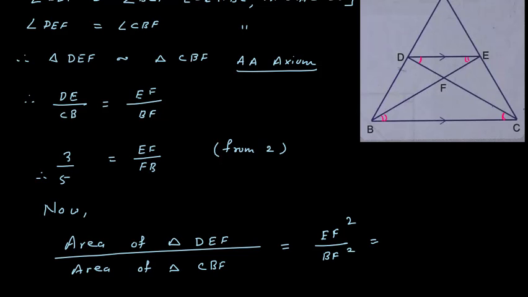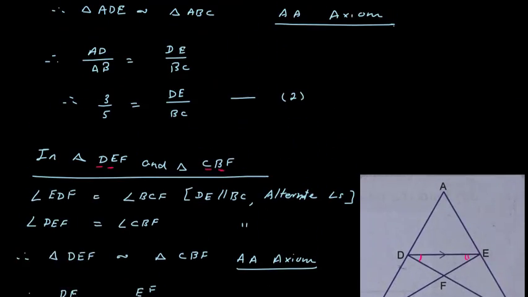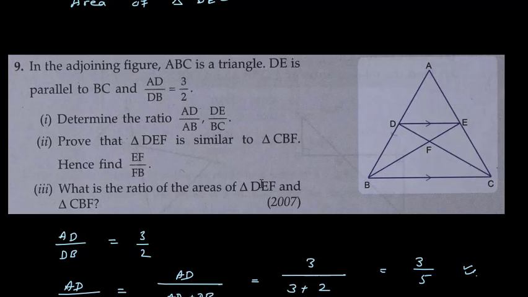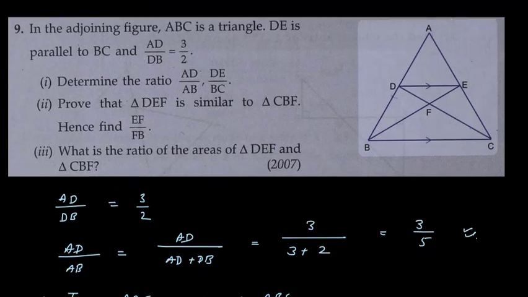So it is 3 square upon 5 square. 3 square is 9, 5 square is 25. So this ratio is 9 upon 25. So this third sub-problem is also done, right? This is the ninth question.